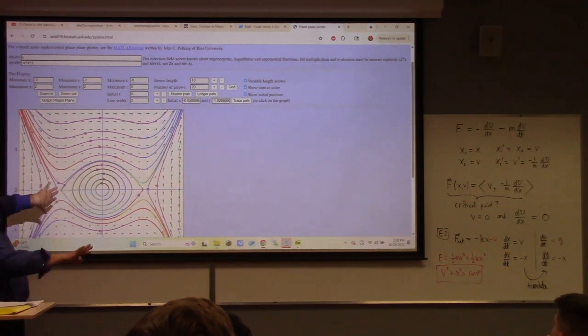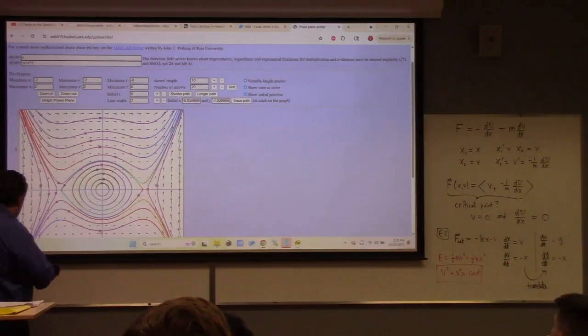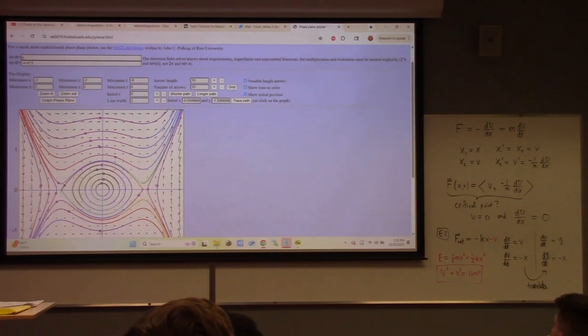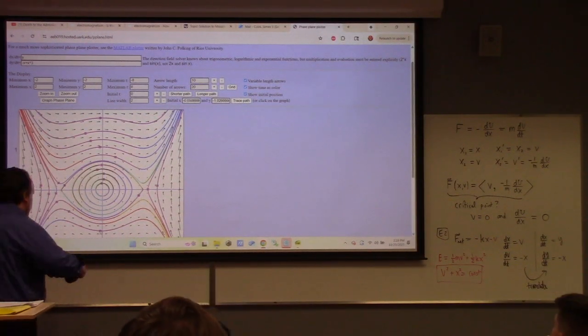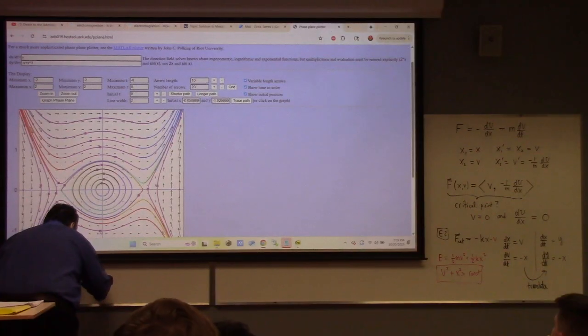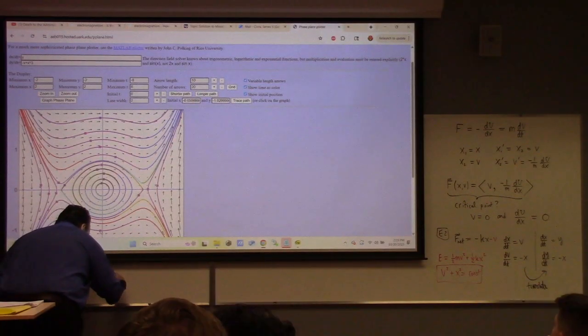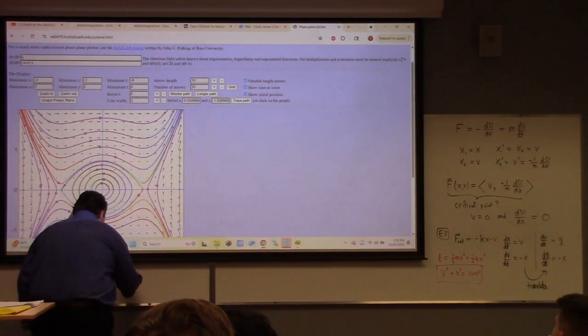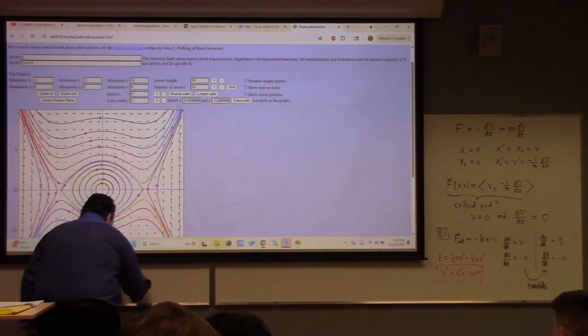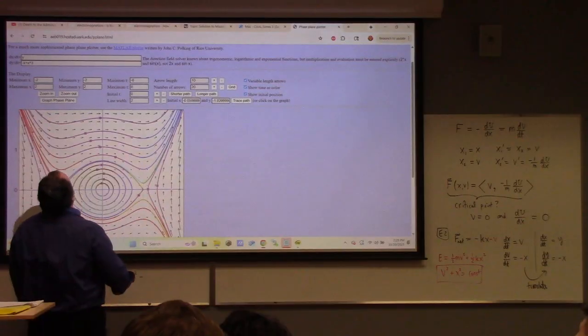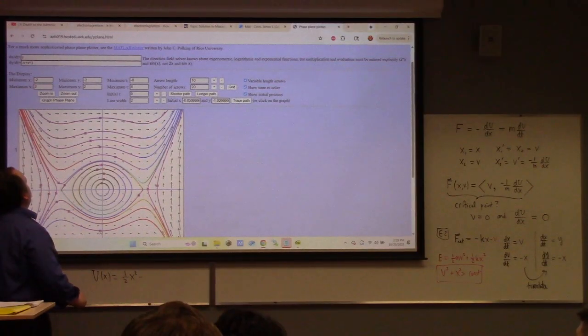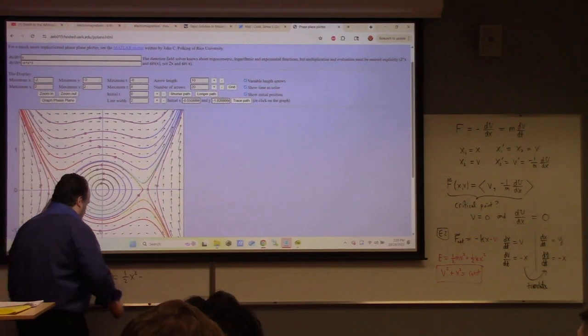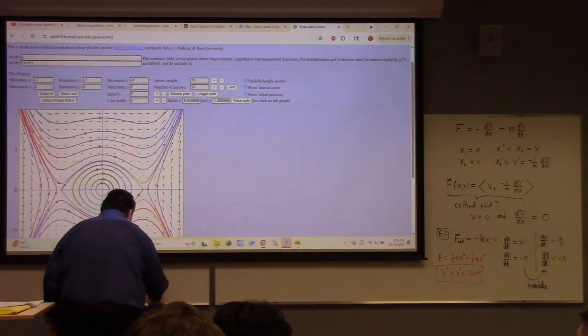But if you get far enough out, so here my potential energy is 1/2 x squared minus 1/4 x to the 4th, right?